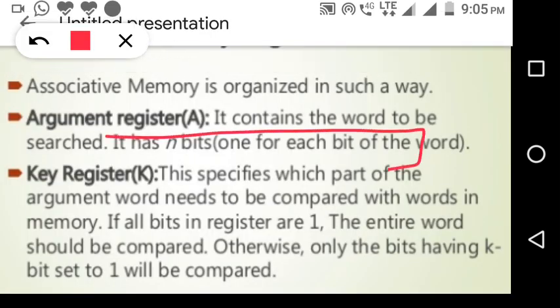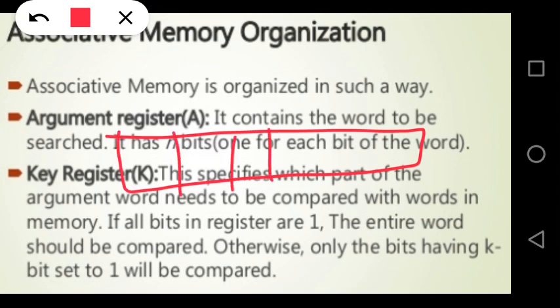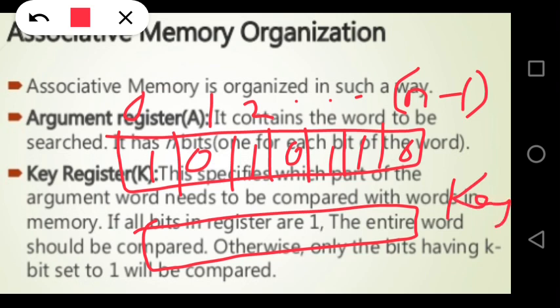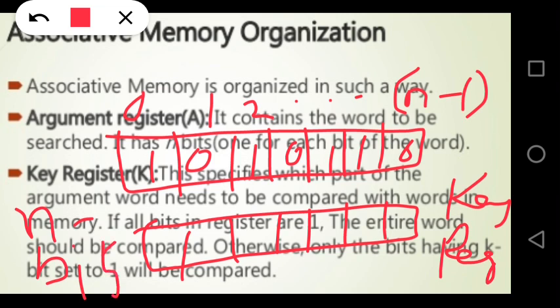So if this is my argument register, it contains n bits, and there is a key register. This key register also contains n bits, but if the corresponding location is 1 in the key register, then this bit has to be compared.